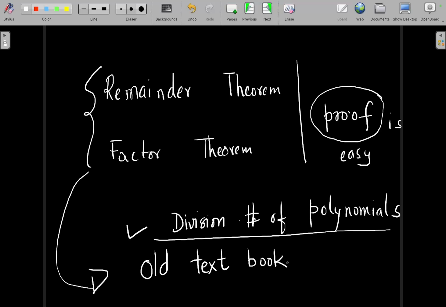But this is one thing that we need to do some interesting algebra. I'll give you many applications of the remainder theorem and the factor theorem, and why I'm so much interested that you become a champion of this.